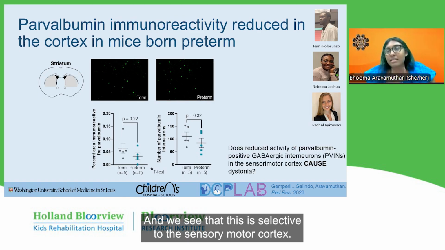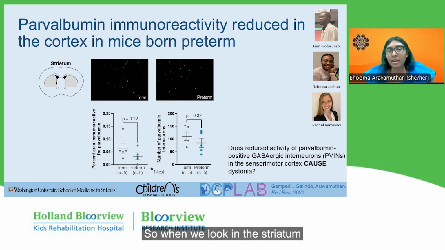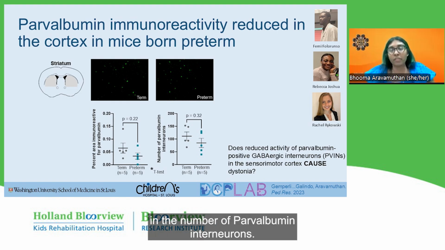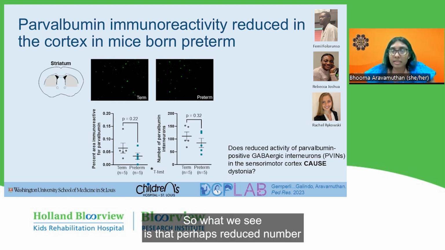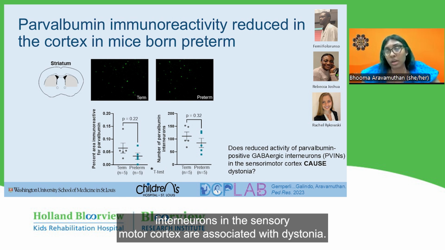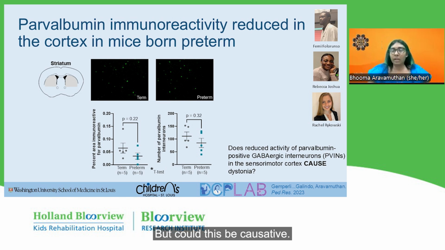And we see that this is selective to the sensory motor cortex. When we look in the striatum, for example, there's no significant difference in the number of parvalbumin interneurons. So perhaps reduced number or activity of parvalbumin positive GABAergic interneurons in the sensory motor cortex is associated with dystonia, but could this be causative?